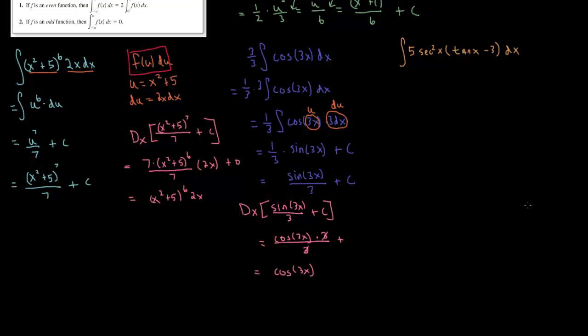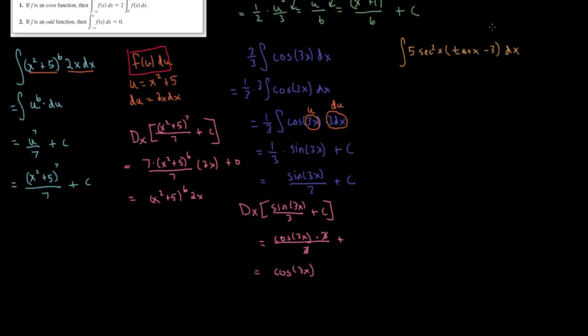Now, you might think this looks crazy, all these secant squareds and tangents and negative signs and multiplied by 5, but just really look at your inside function. I guess this is more of a product than an inside function. But let's just look inside the parentheses here.